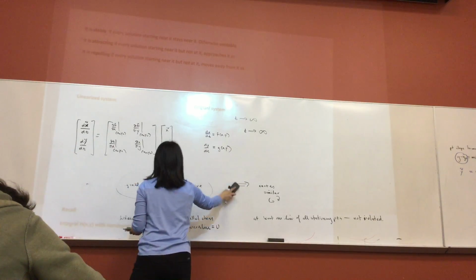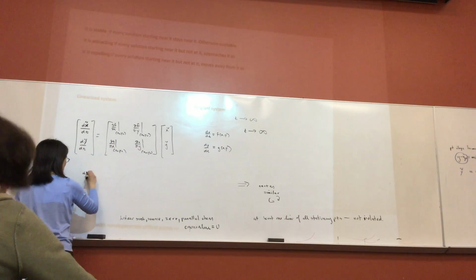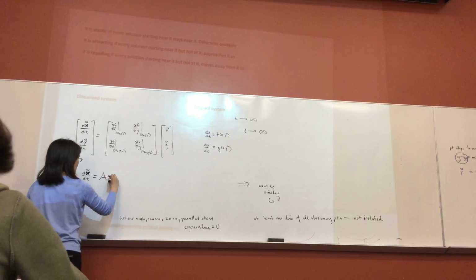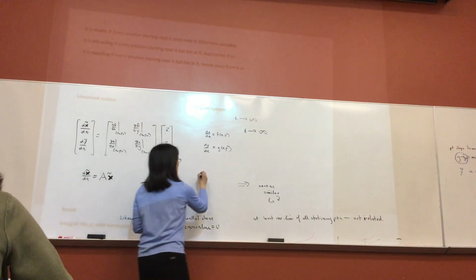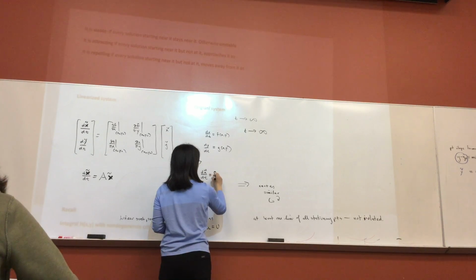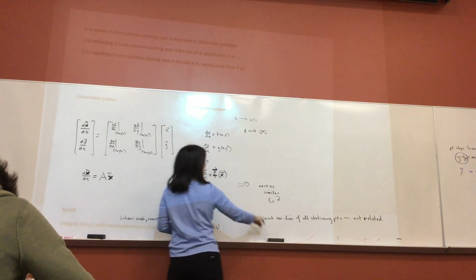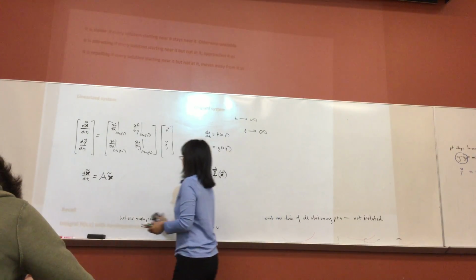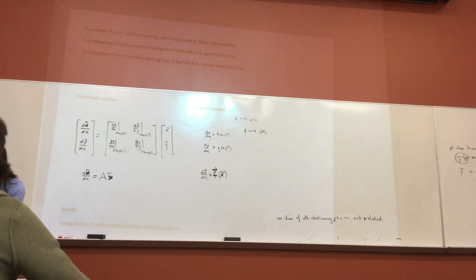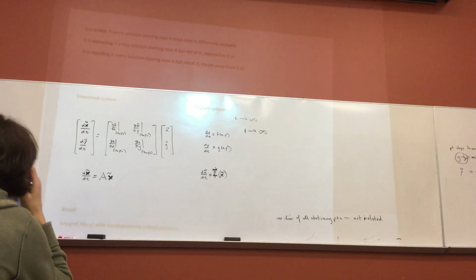Remember, you can write this as a vector: dx tilde dt equals A x tilde, and dx dt equals f of x, where x is the vector x y. So that's the linearized system, and this is your original system. And what you have is that the stability all matches.